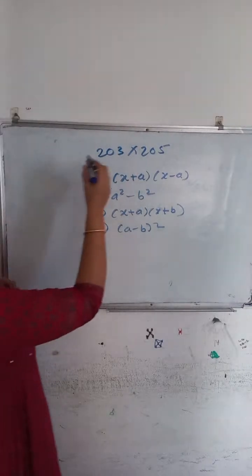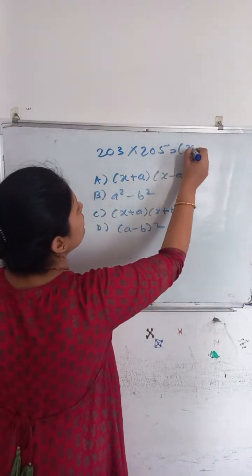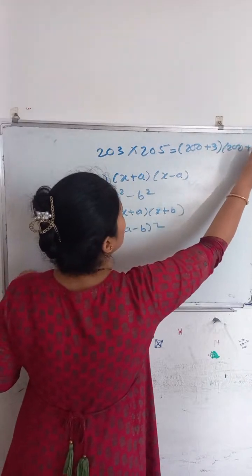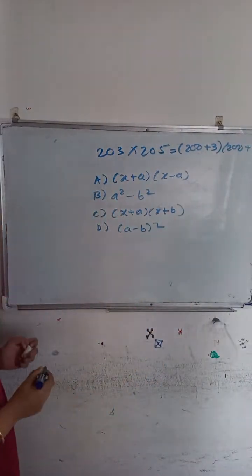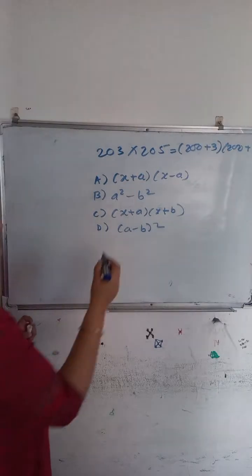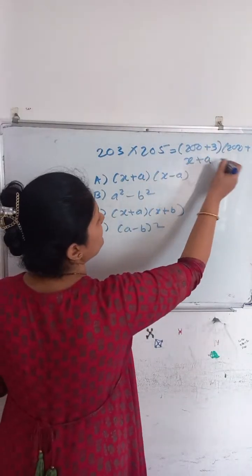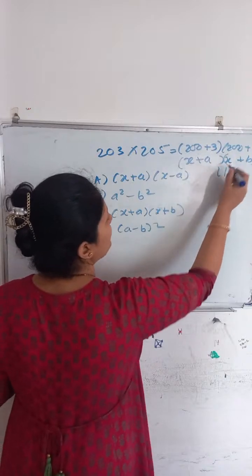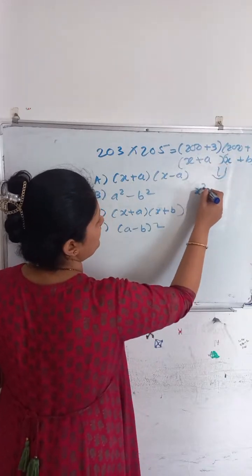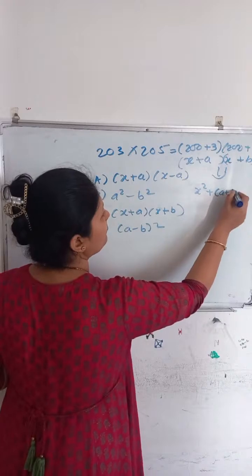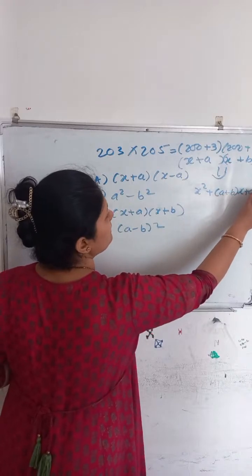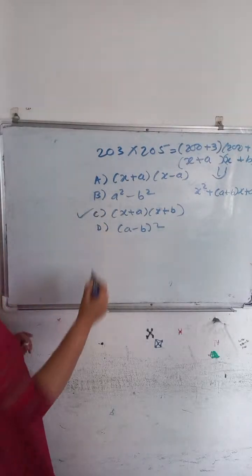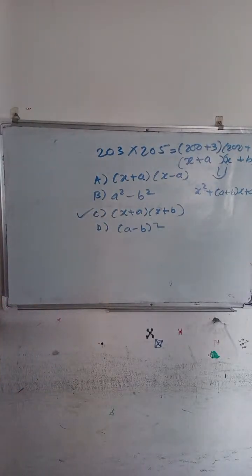So we can write this as 200 plus 3 and 200 plus 5. We can write it like this, and this is x plus a and this is x plus b. This identity is nothing but x square plus a plus b x plus ab. So here option C is the correct option.